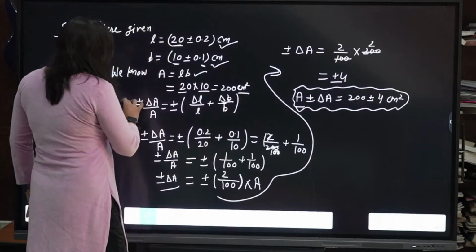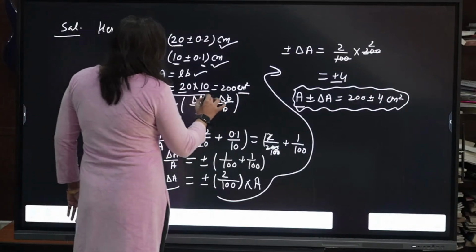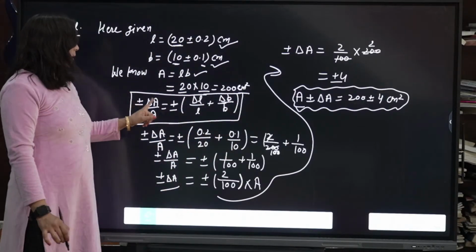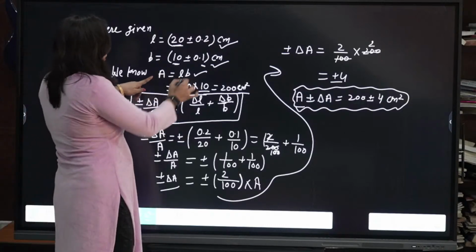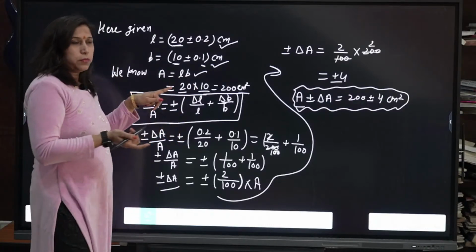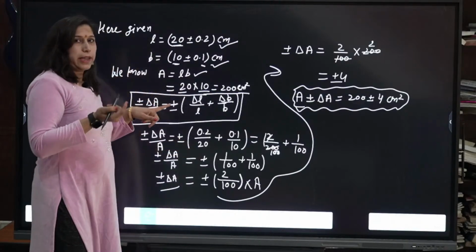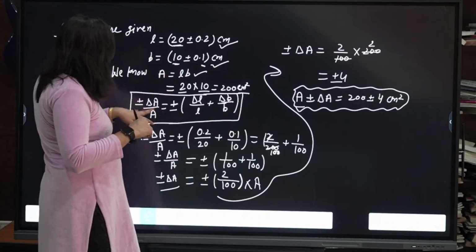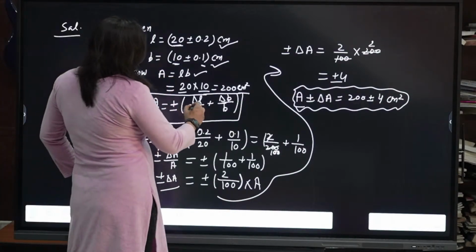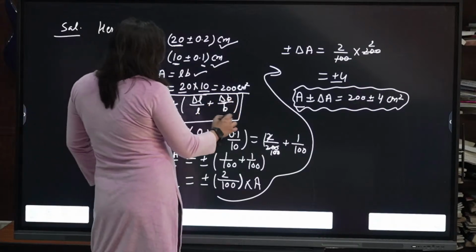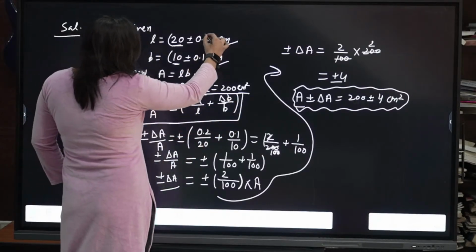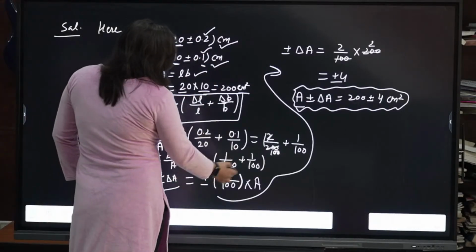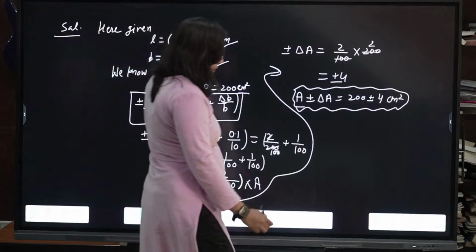And according to error analysis, if we find out the errors in product, then the formula we remember is plus minus del x by x. Earlier, when we considered the quantities A and B, the resultant was x, then the formula was plus minus del x by x. Here, in the case of the given question, plus minus del A by A is plus minus del L by L plus del B by B. After putting all values, because here it is del L and it is del B, simple mathematical solution you can solve easily.